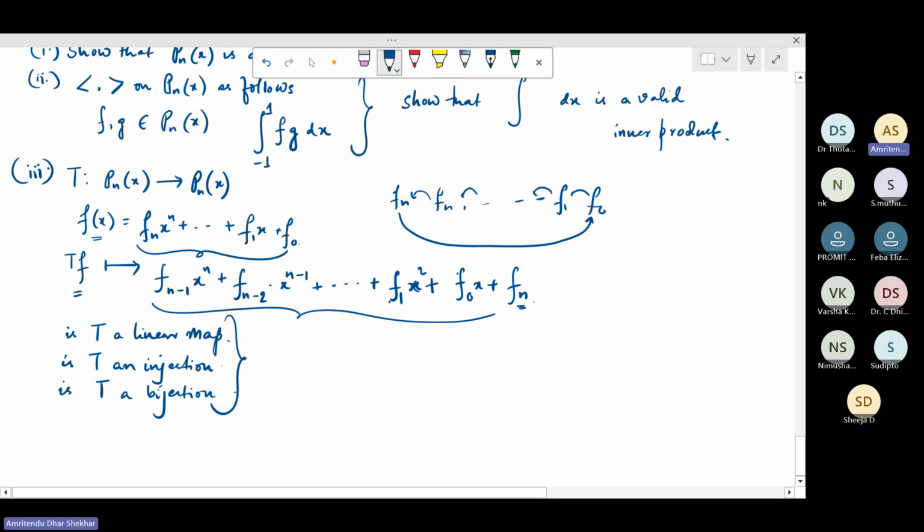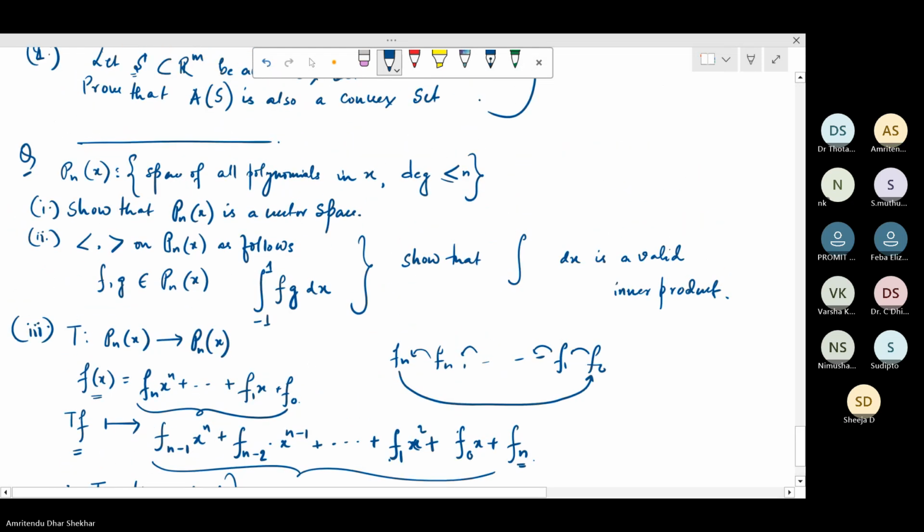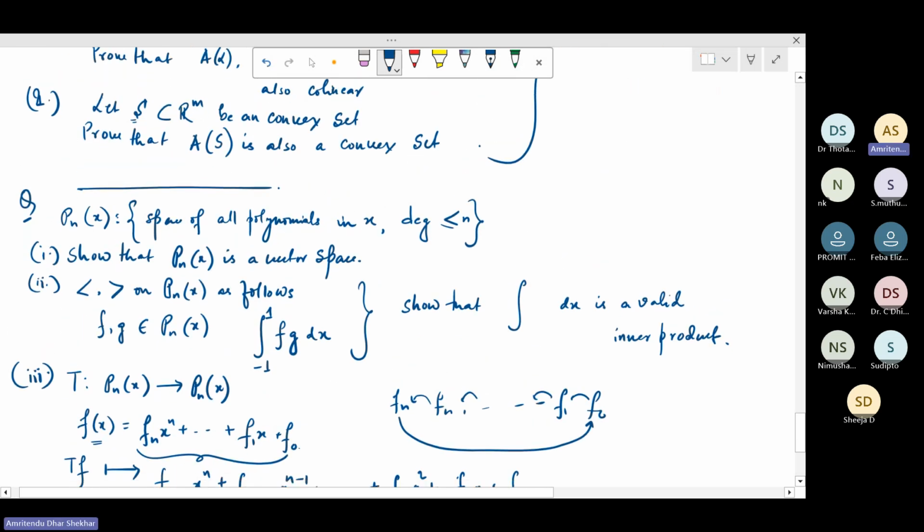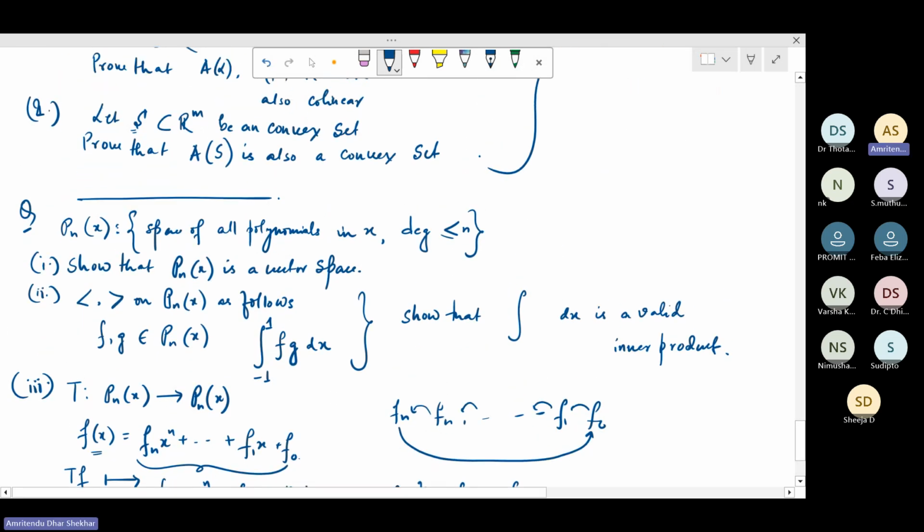These are the problems that you have to answer. Notice that this is one of the vector spaces that we are dealing with where the space is not Rn. It's a different kind of space, but it's still a vector space.